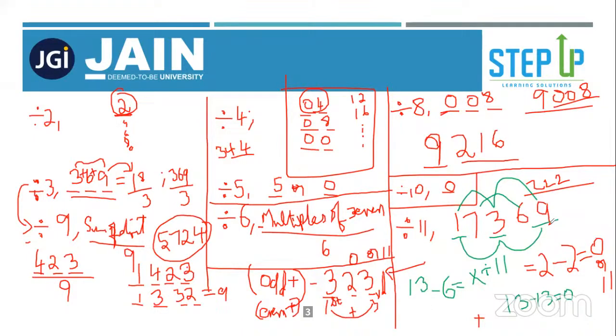Type it fast. Multiples of 3: 3, 6, 9, 12, 15, 18, 21, 24, 27, 30, 33, 36, 39, 42.